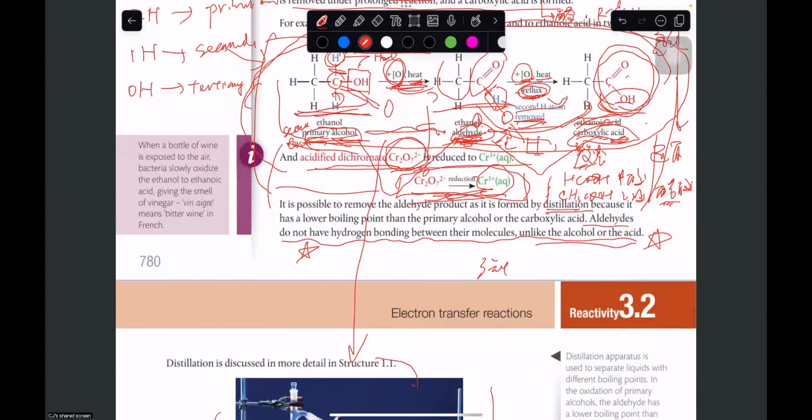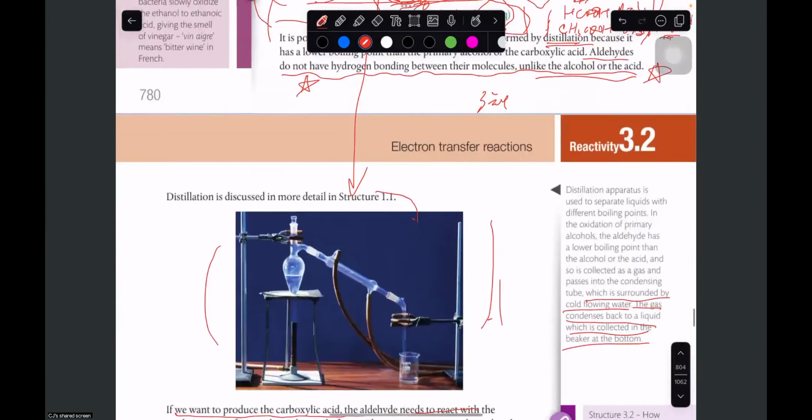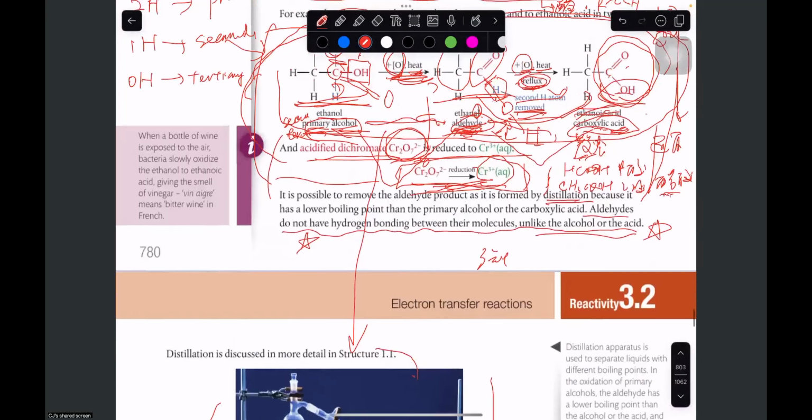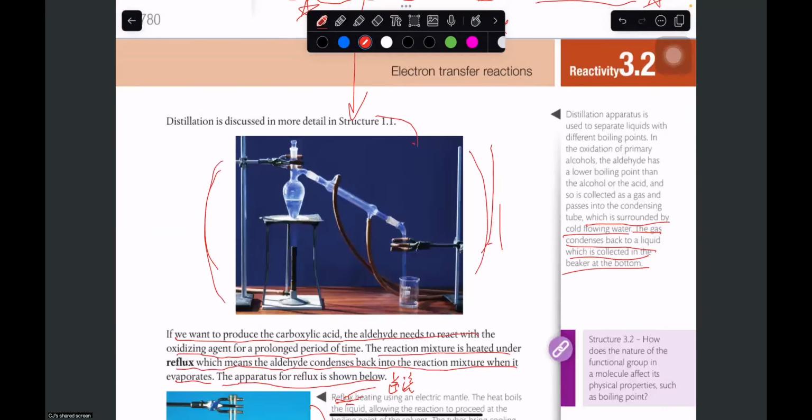For the first step, the apparatus looks like this. We give heat to the alcohol, and the alcohol will evaporate, right? It becomes gas alcohol, and it will flow here, and there are these two pipes. One pipe is the input water pipe, and the other one is the output water pipe.